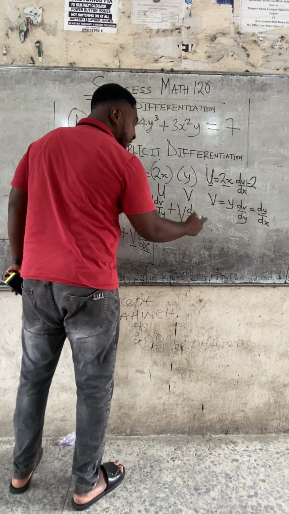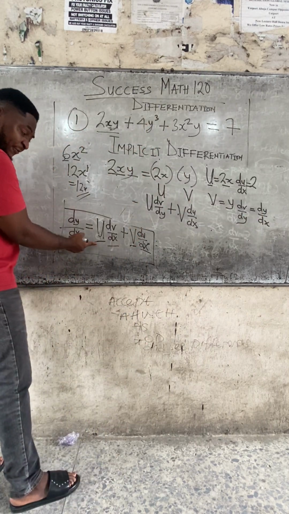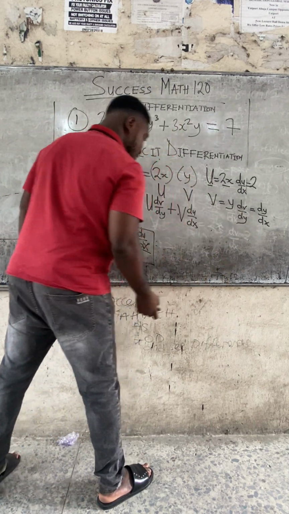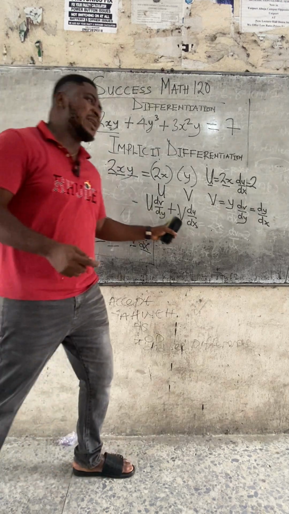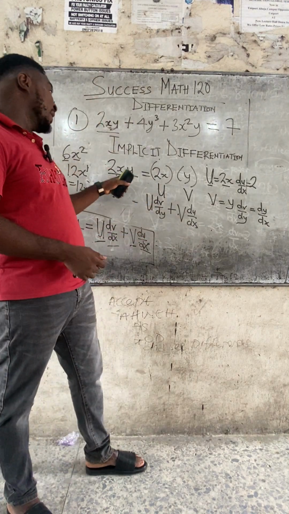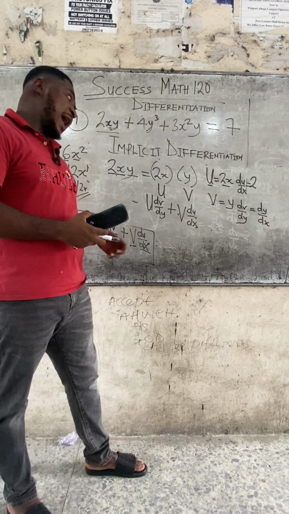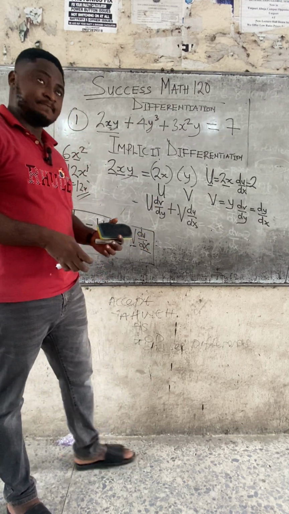But this time around, it's not dv dx because it's v to y, so it's dv dy. So I'm still following this formula, but instead of u dv dx, it's u dv dy plus v du dx. Class, this is the second formula for product rule when one of your components is y. When one of your components is what? Y. You say u dv dy plus v du dx.